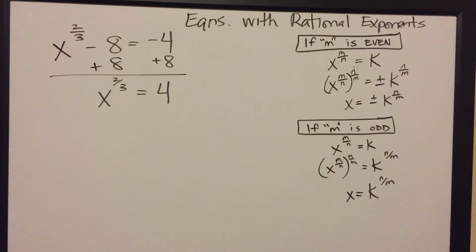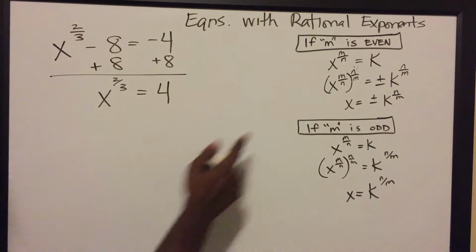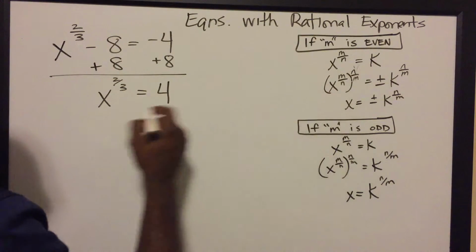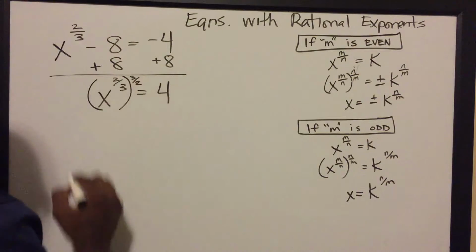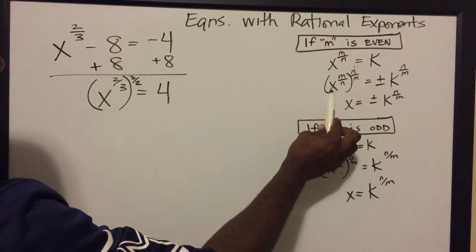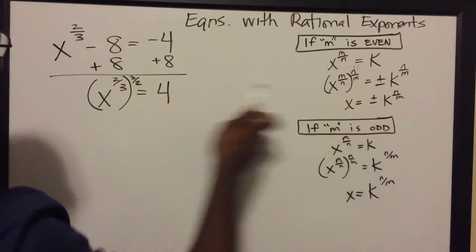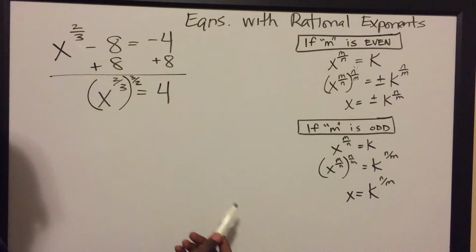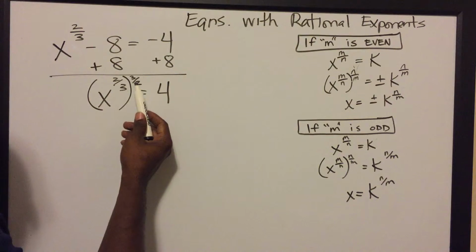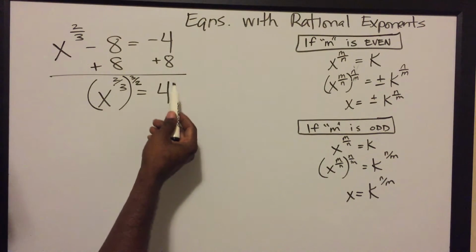Now if x to the 2/3 is equal to 4, we can also say that this is 3/2, because it says x to the m over n, and we flip this right here to say n over m. And what I do over here, I must also do over here too.